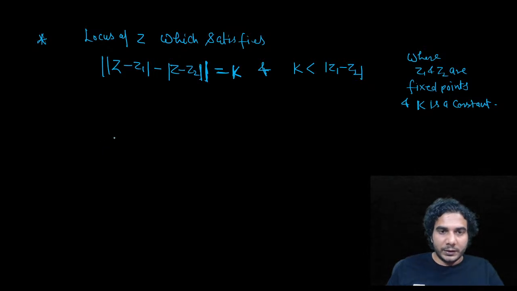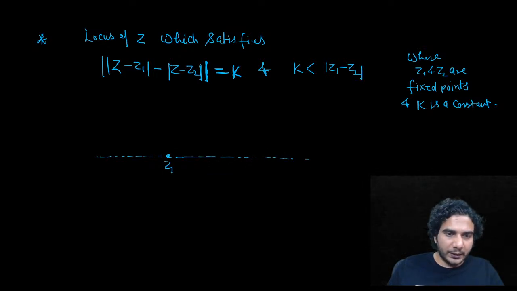Alright, see what is the locus of z. If I plot z1 and z2 on a line, this is a line joining z1 and z2. It's not a horizontal line; z1 and z2 can be anywhere.